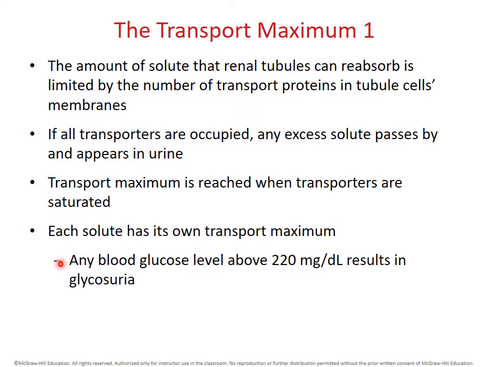And I mentioned earlier, just a few slides ago, this condition of glucose in the urine is called glycosuria. Glycosuria is symptomatic of several disorders, most prominently diabetes mellitus, sugar diabetes, or diabetes associated with insulin insensitivity or a lack of insulin production.